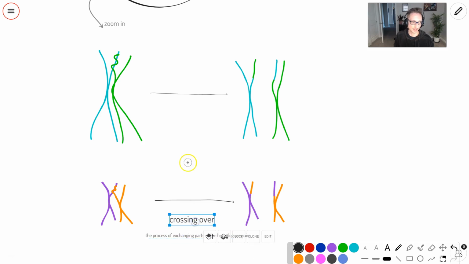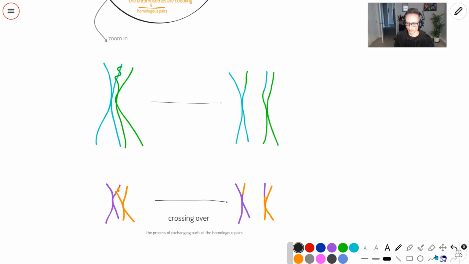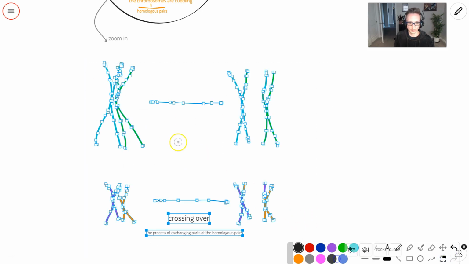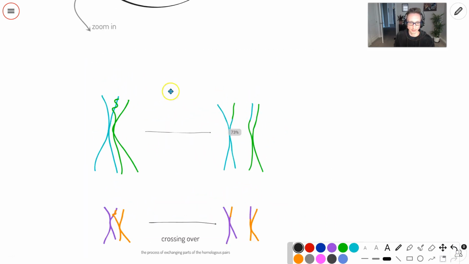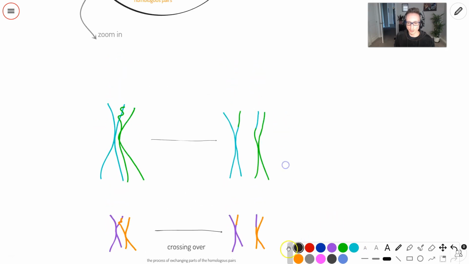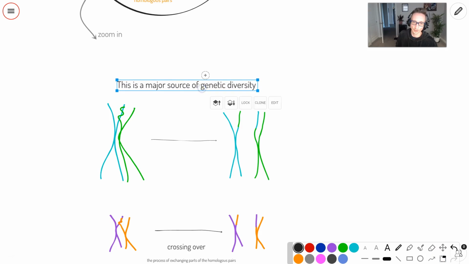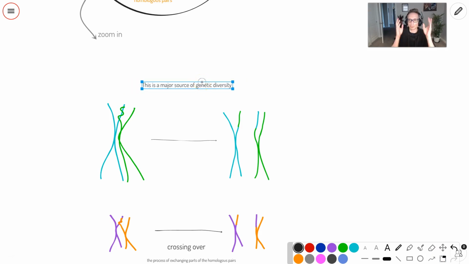Okay, and shrink this down just a little bit over here. This is a major source of genetic diversity. If this is happening randomly, different parts, now it's like the green genes are now part of the blue chromosome.